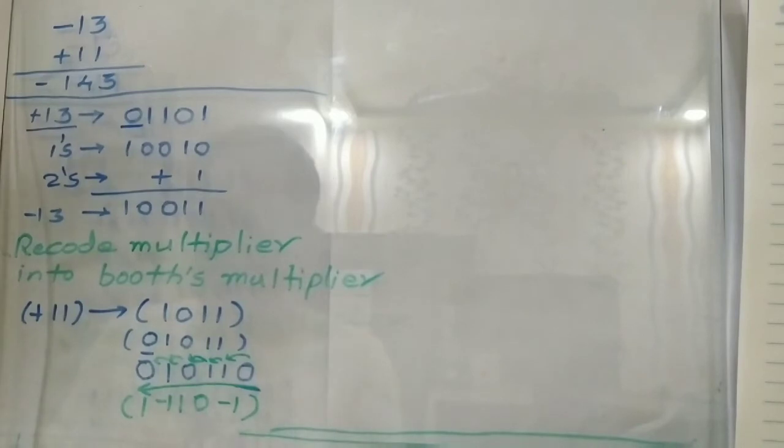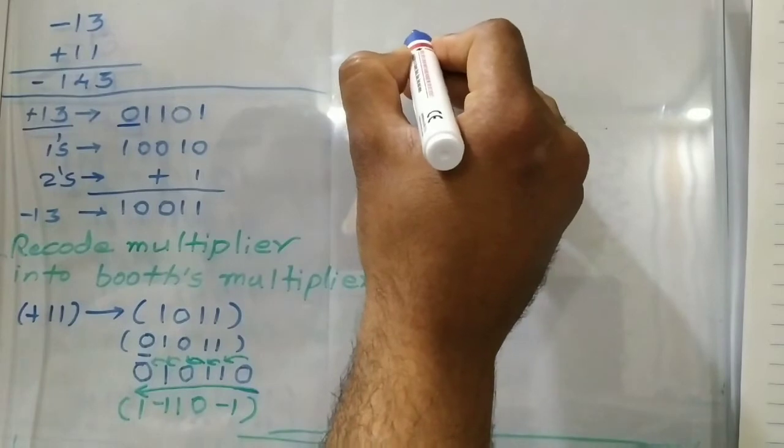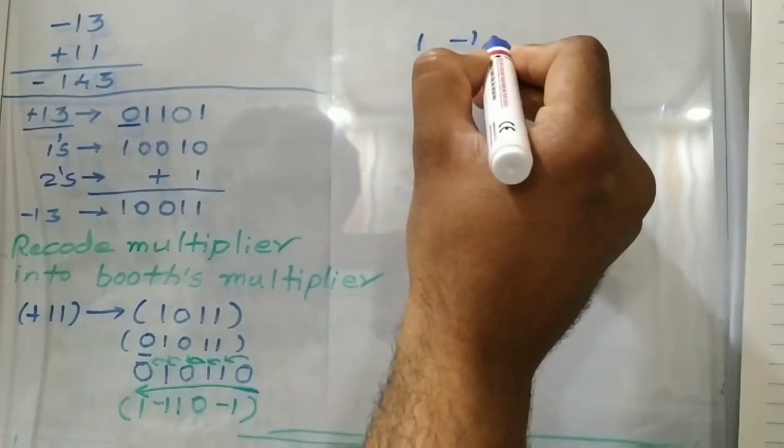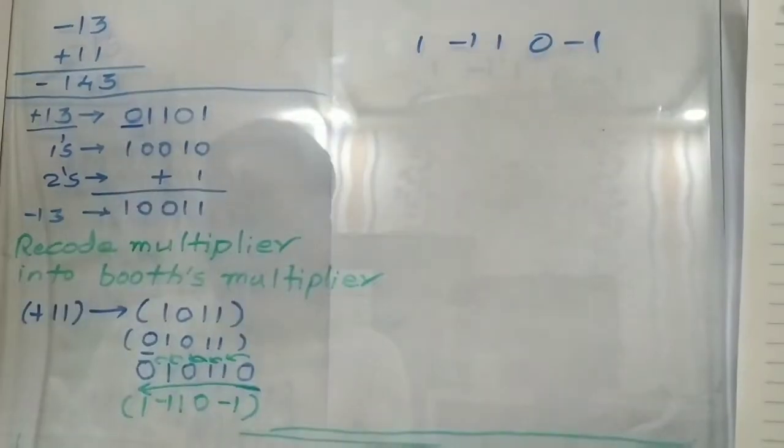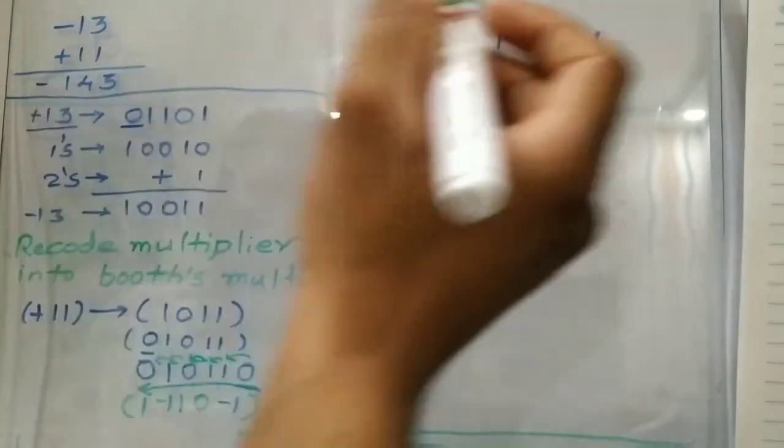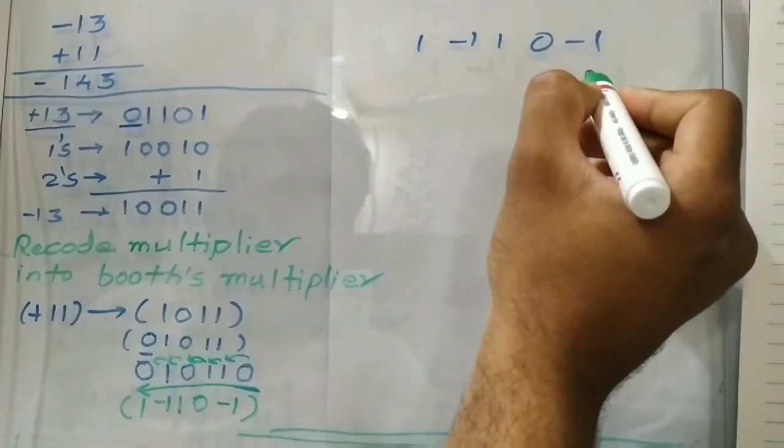So how to do that? Just write your recoded multiplier here, which is 1 minus 1 1 0 minus 1. Now you can check. This will be minus 1.